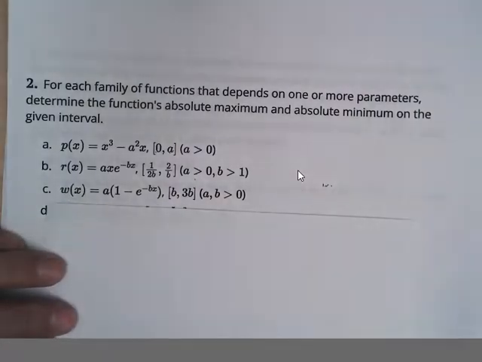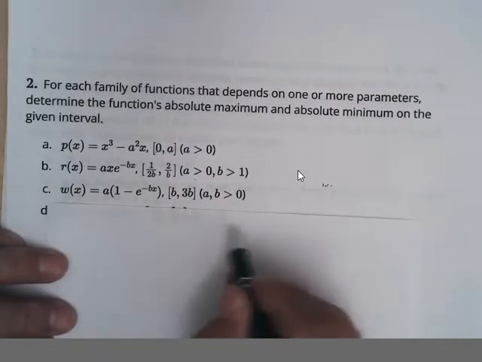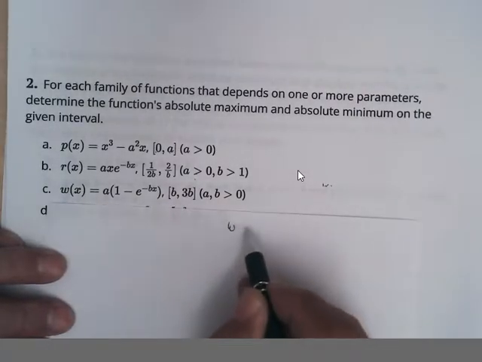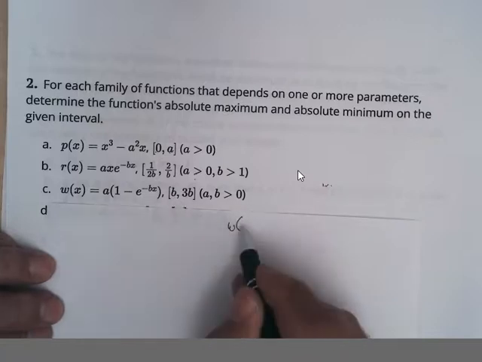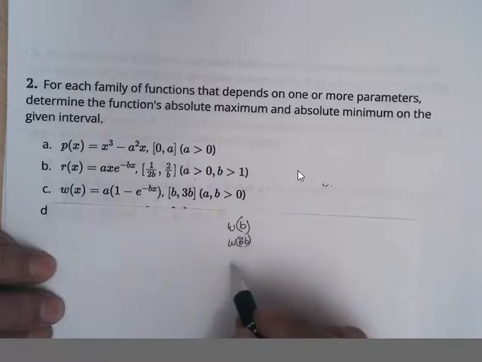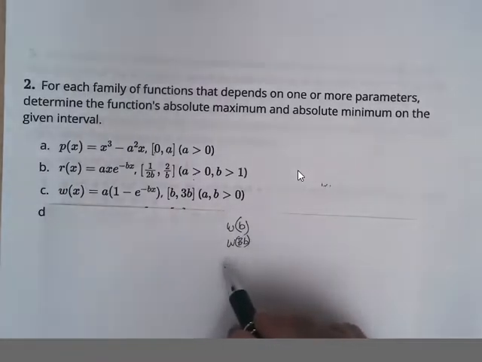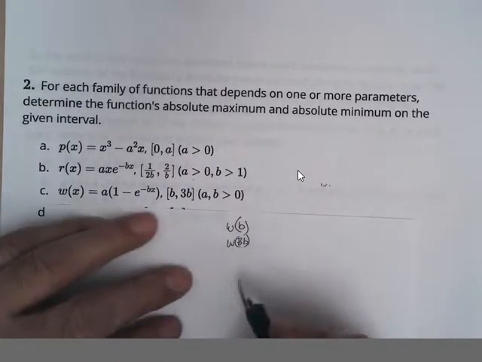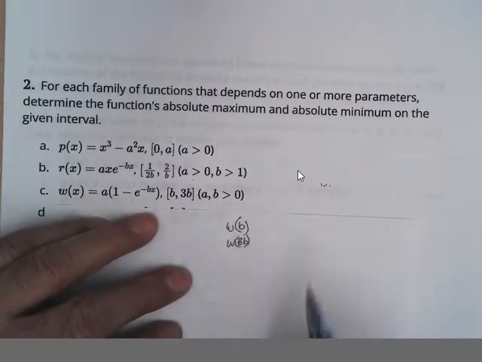Let's do C. So we have to find W of B, W of 3B, and find the derivative and set it equal to 0 for the critical points. And A and B are both positive.